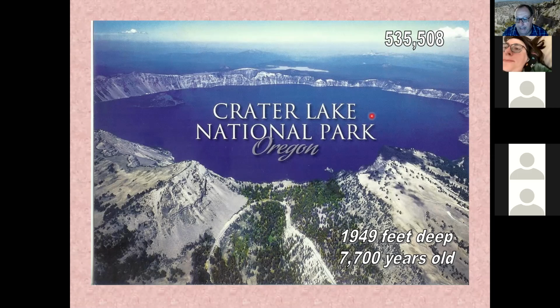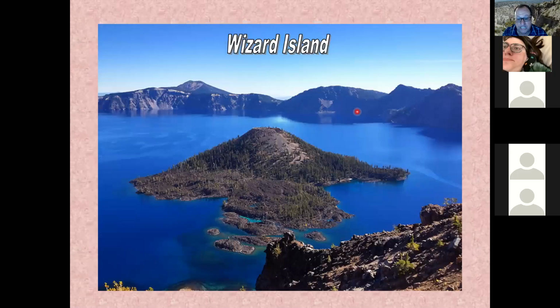It's a freshwater lake, and there is no outlet for the water. It's only resupplied by rain and snow melt. Wizard Island, which sits off to the side in the lake, was a last gasp volcanic eruption of this mountain. It was called Mount Mazama, and this was the last little gasp of it before it did collapse.